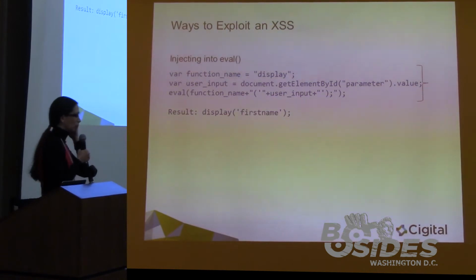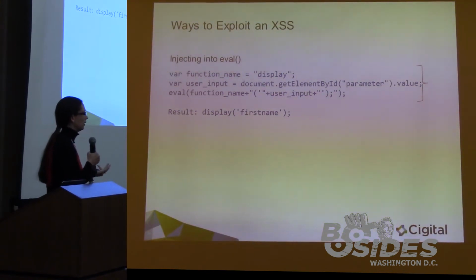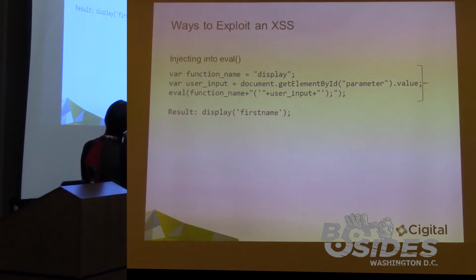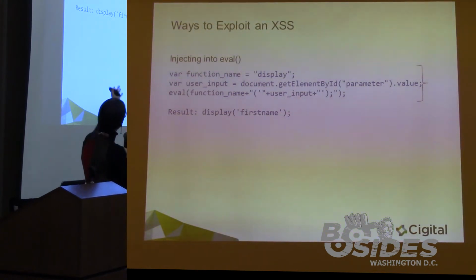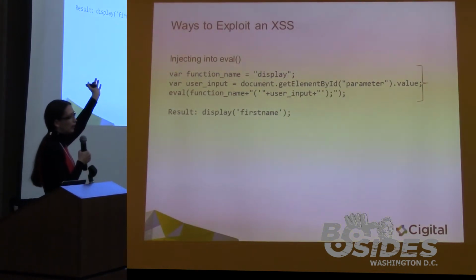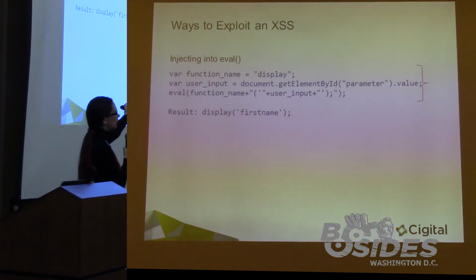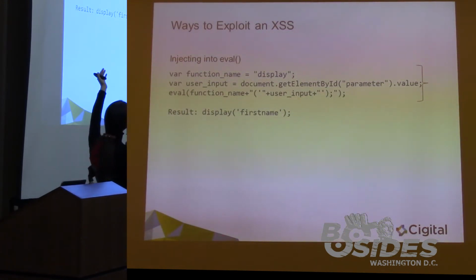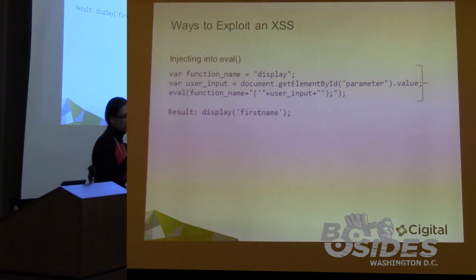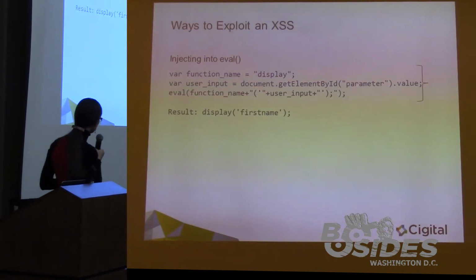So in this case, suppose we already have that code snippet in the application where we are reading something from an element called parameter, and we want to evaluate a function that we have and pass whatever we got from the parameter, our user input, as a parameter to that function.